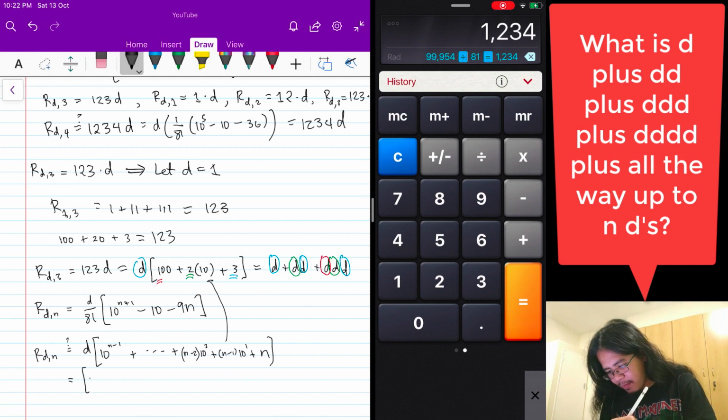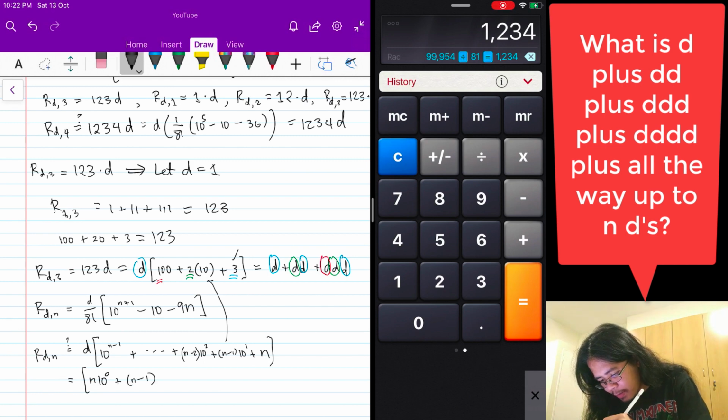So you have from n plus n minus 1. To make it even more explicit, this n has a factor of 10 to the 0. This is the 3 right here from a while ago, because for that example n is equal to 3, plus n minus 1 10 to the 1.